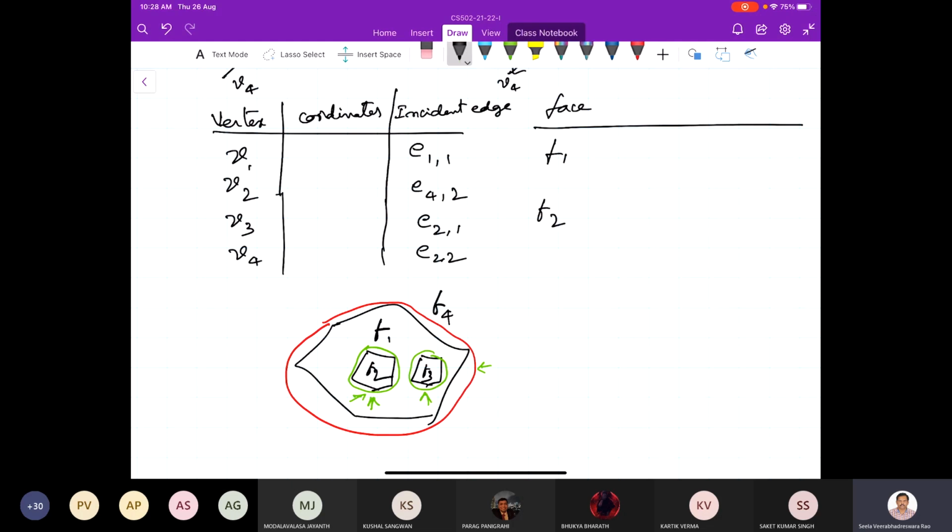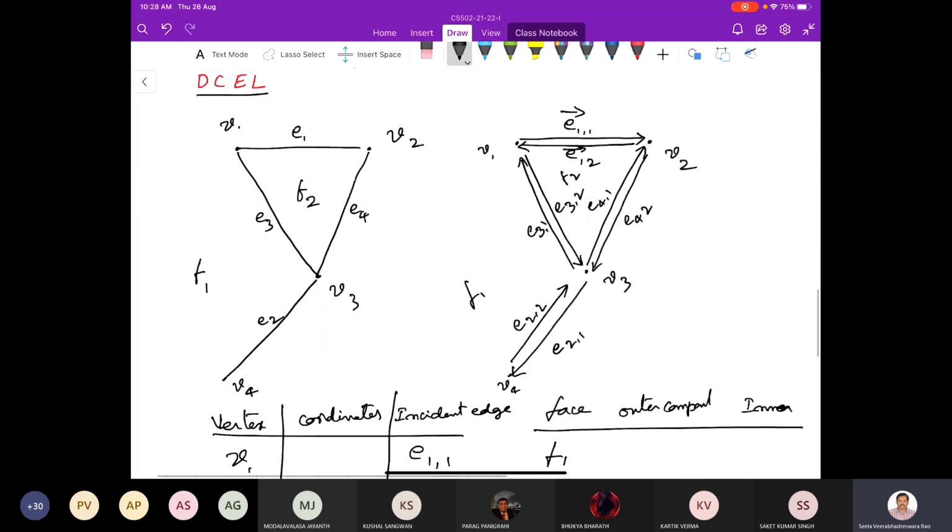Okay. So here if you look at this outer component and inner component. So F1, see in this diagram, this F1 region has no outer boundary. So the outer boundary is nil. So this F1 region is bounded from inside.